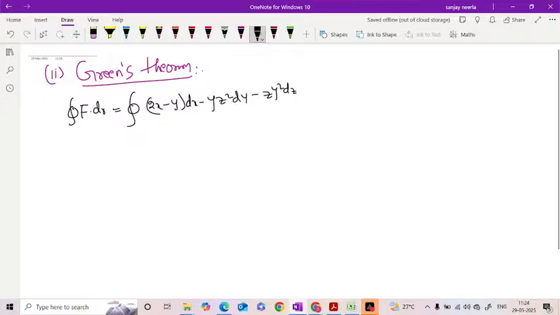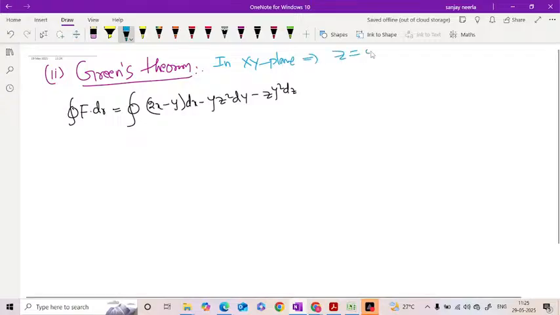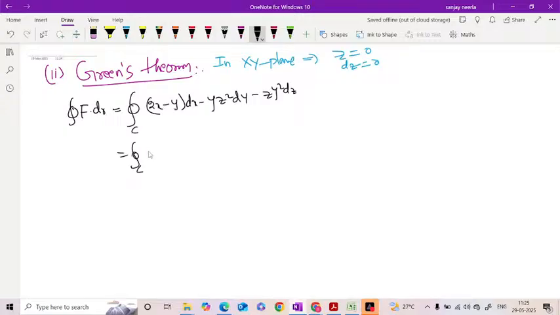Here it is clearly given in the xy plane. xy plane means the z value is 0 and dz must be 0. Now this integral becomes the integral of 2x minus y into dx.